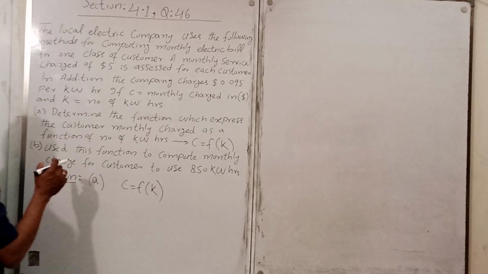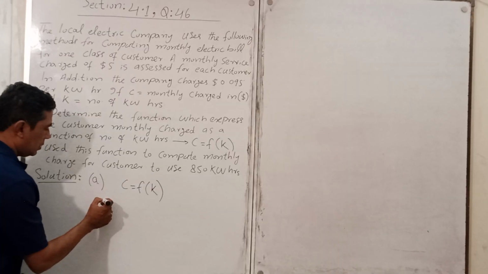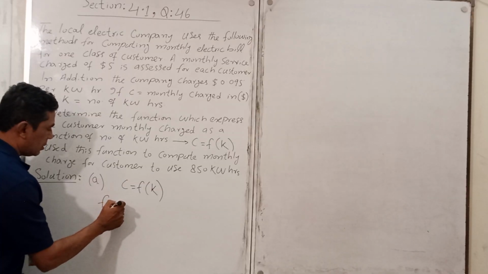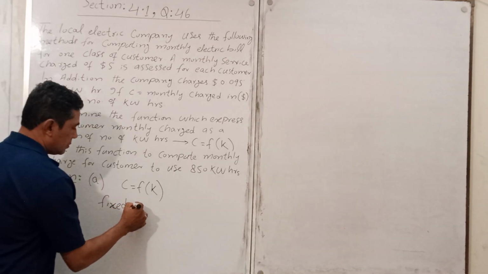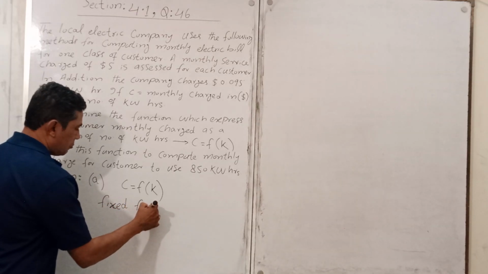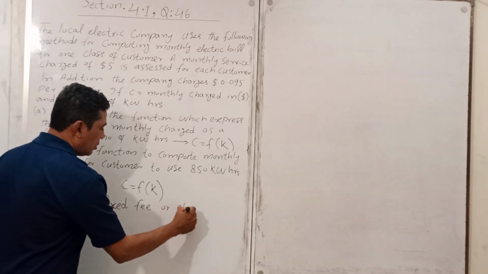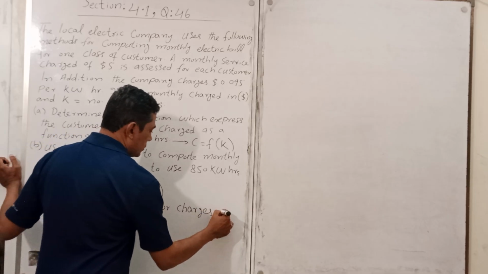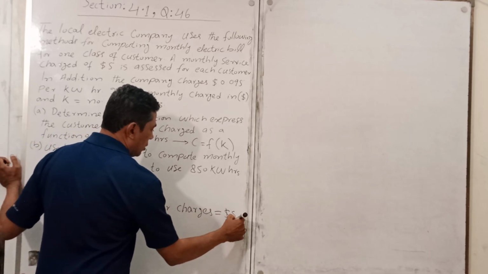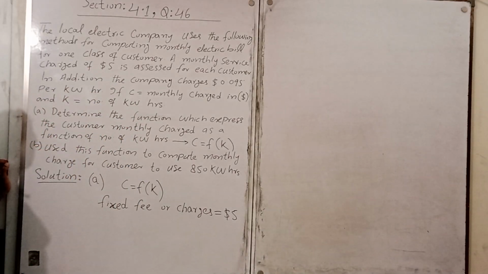First of all, what is your fixed charge? I can write: fixed fee or charges equal to $5 as per this statement.